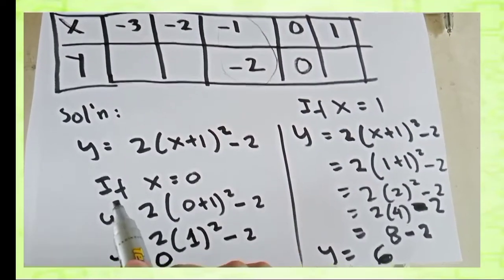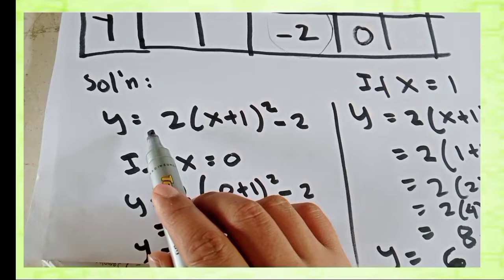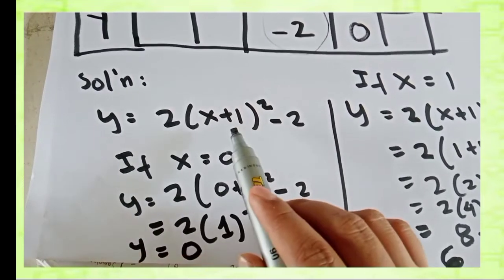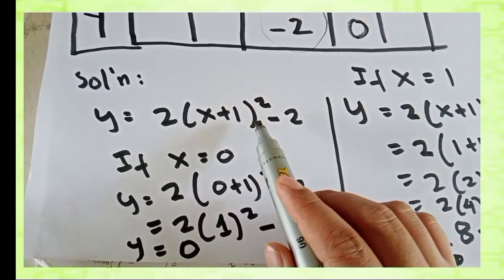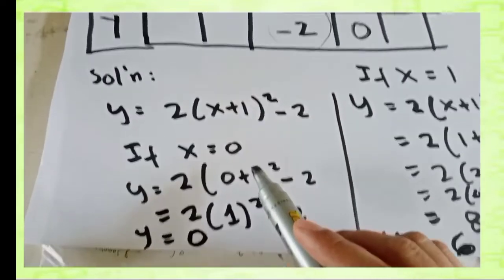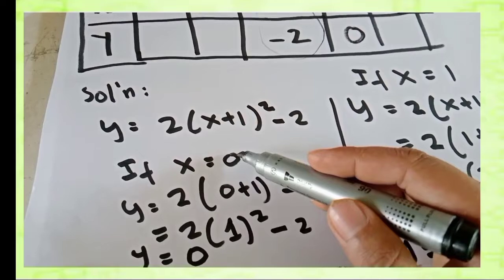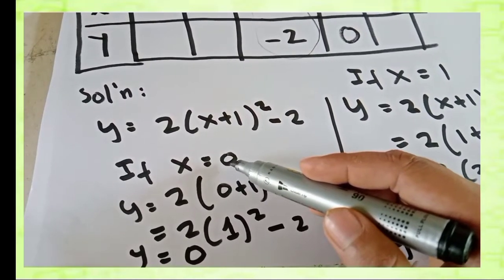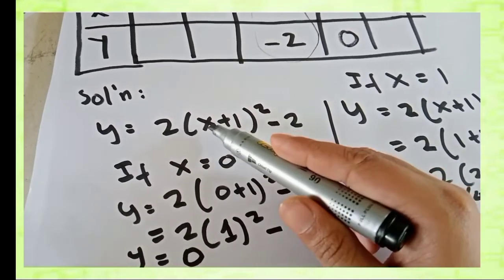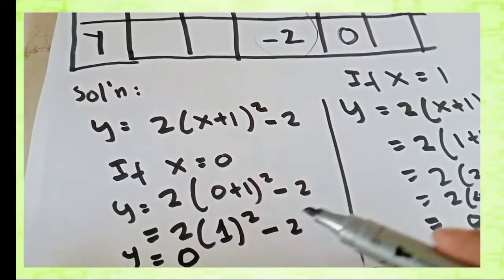We have copy the given problem or given equation y equals 2 times the quantity of x plus 1 raised to the power of 2 minus 2 if x equals to 0. If x equals to 0, all we need to do is substitute the value of x to the x of the given problem or given equation.